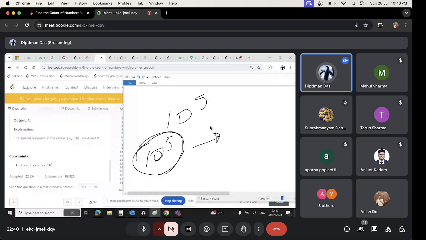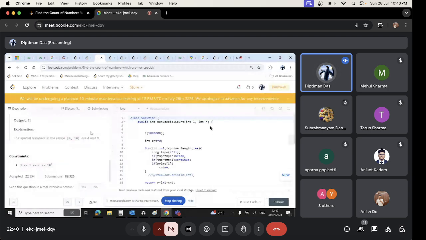We'll be finding each prime number and seeing how many prime numbers there are in that particular range. And we'll be using the sieve algorithm.